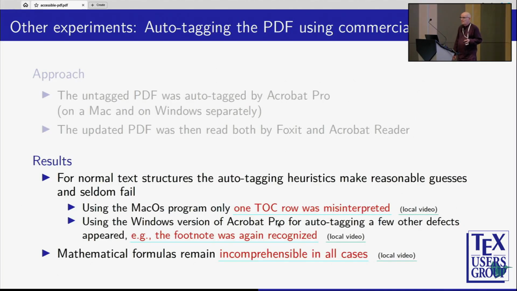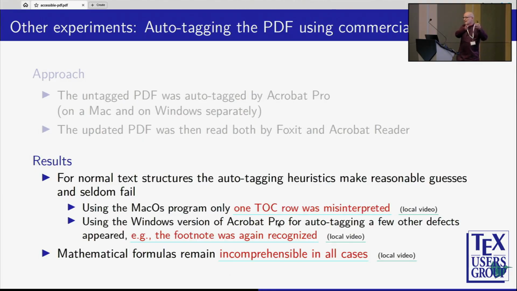Some things were better, quite a lot, so more structure was recognized, but the problem is the heuristics go from the visual appearance, and certain visual appearances are similar for meaning different things. So the heuristics always have to make a choice. What could this mean if there is an extra space?